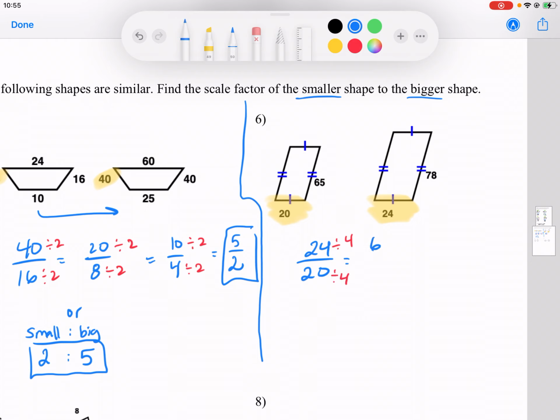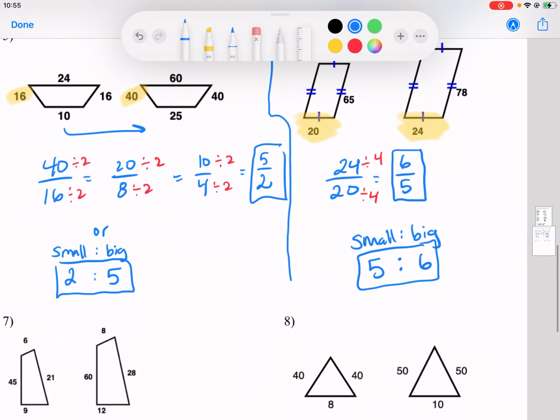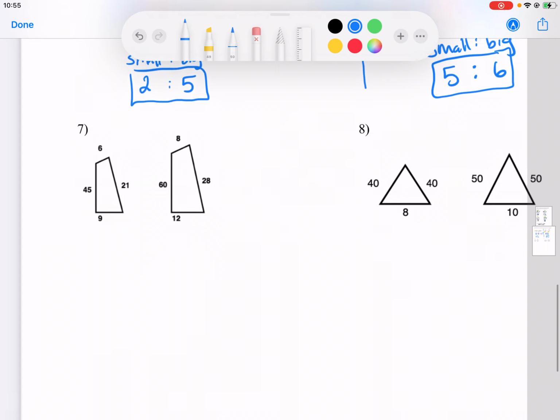That would give me 6/5. And 6 and 5, I can't divide by anything, so I know that's done. If I go small to big, I would do the small number to the big number like this. Notice I just use those exact same numbers after it's simplified.